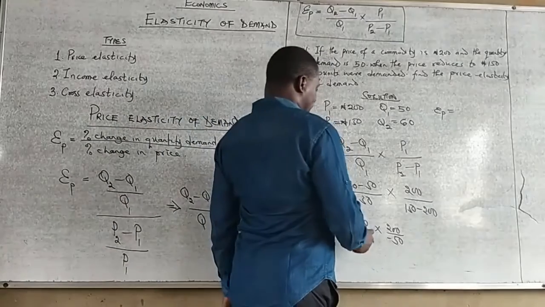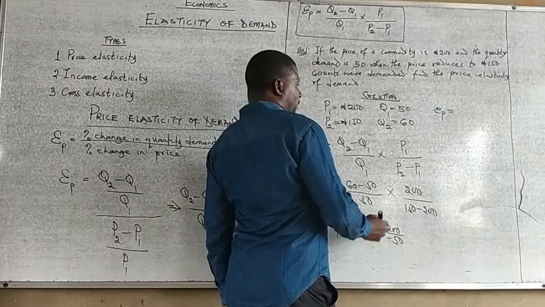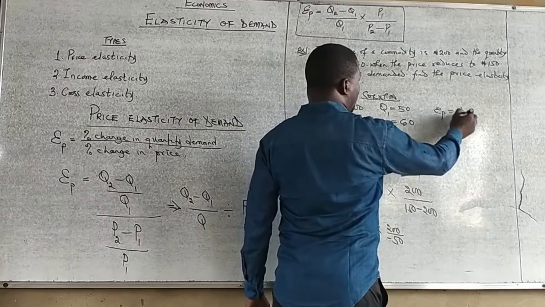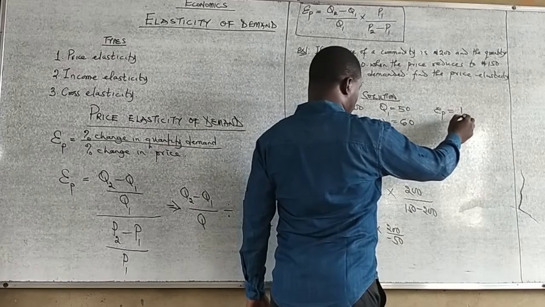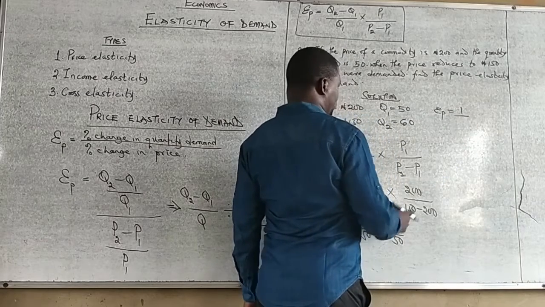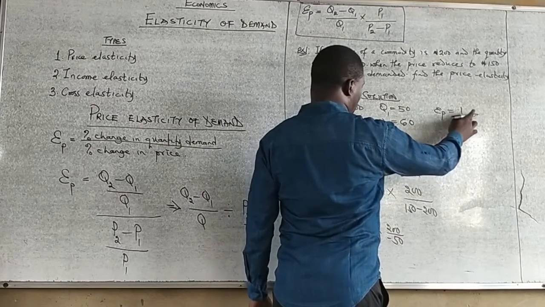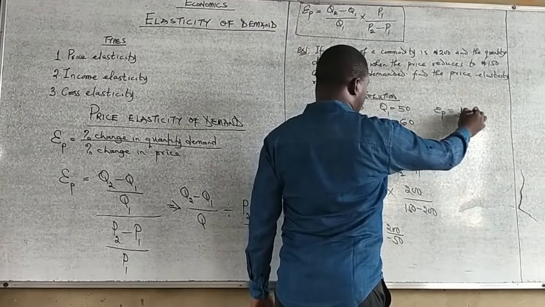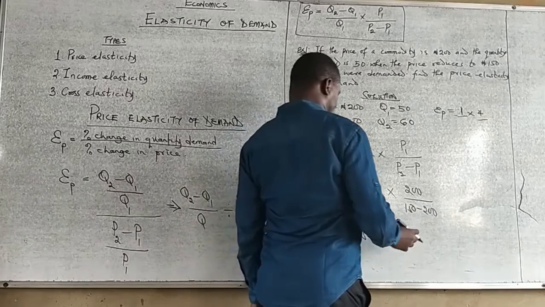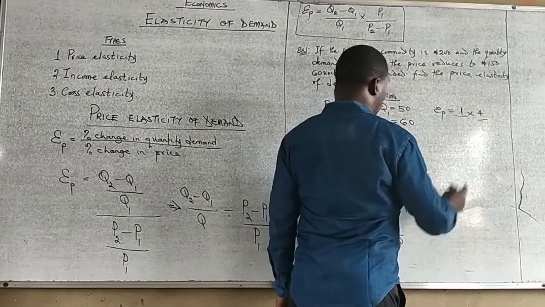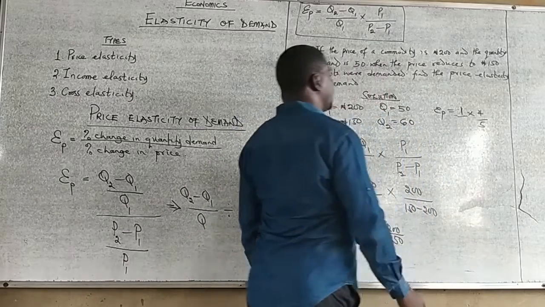So if I say 1 over 5, 50 into 200 is 4. 1 times 4 over 50, or 1 times 4 over 5.